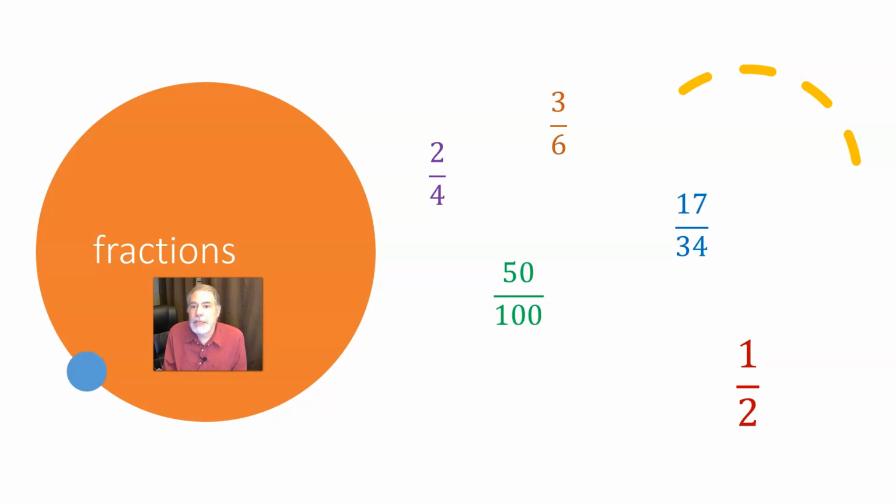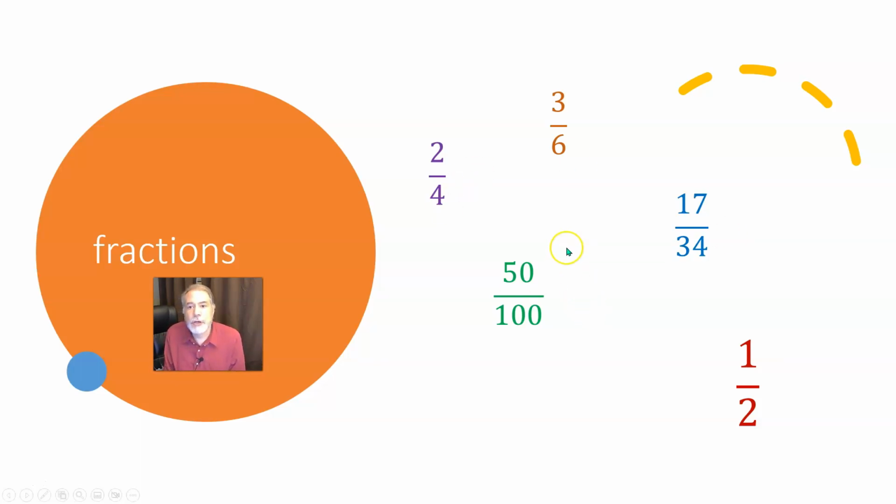If you were going to take this number and add it to another number that was in the form of a fraction with a denominator of 34, you would probably prefer your number to be in the form 17/34, because in order to add fractions, you need them to have a common denominator.